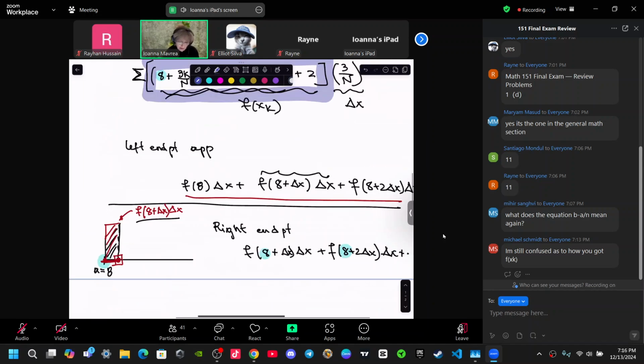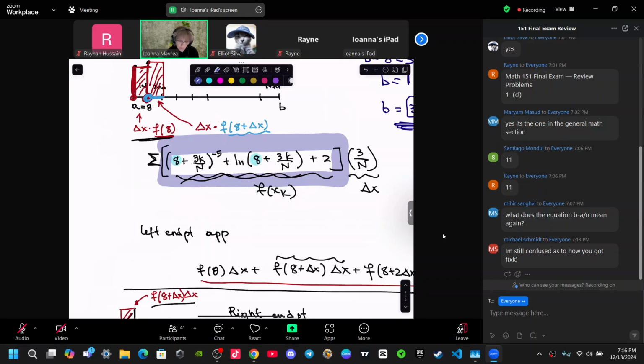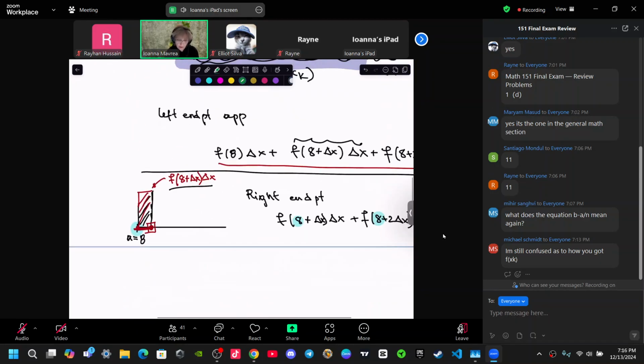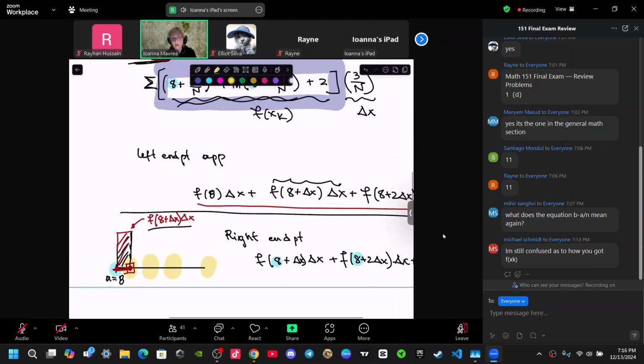Either they replaced the x's by the leftmost endpoints, this one and this one and this one, all the way to the left ones, or they replaced all the x's by constants, and those constants were the rightmost endpoints, all the way to the last one. Doesn't matter, but the x's are replaced by numbers now, plus a bit of delta x.